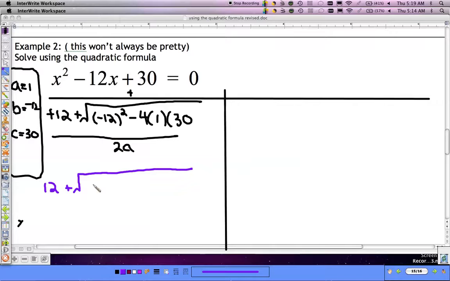Since the negative is in the parentheses, it's going to become 144, minus 4 times 1 is 4, and then times 30, which should have had a closed parentheses behind it, times 30 is going to be 120. And that's all going to be, of course, over, I don't know why I made 2a like this, that should be 2 times 1, which is, of course, just 2.